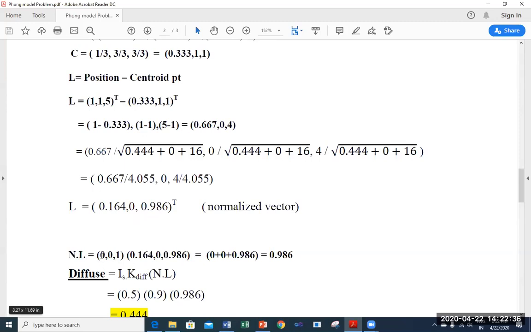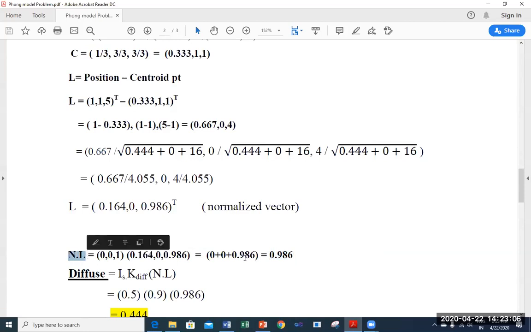So here you get the value 0 plus 0 plus 0.986, so you got the value 0.986, right? So N dot L, you got the value 0.986. So you have the scalar dot product as well as the cross product, right?